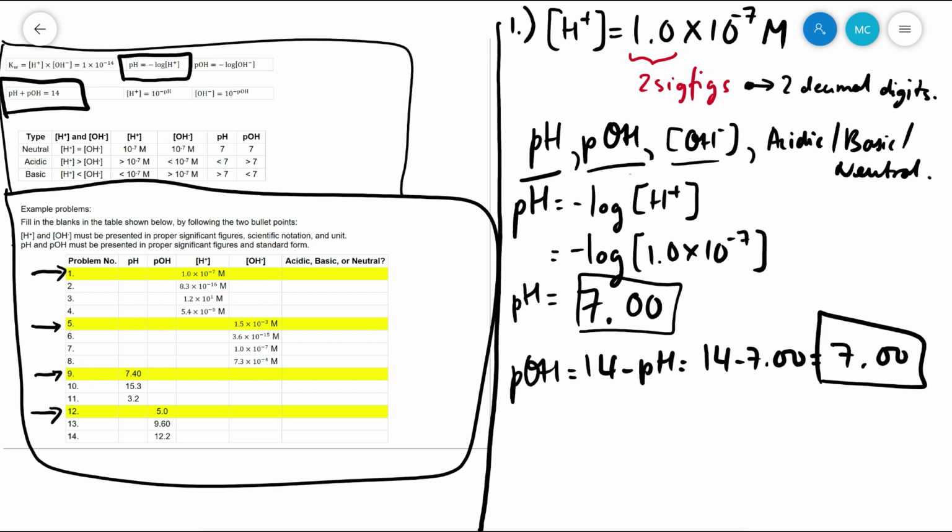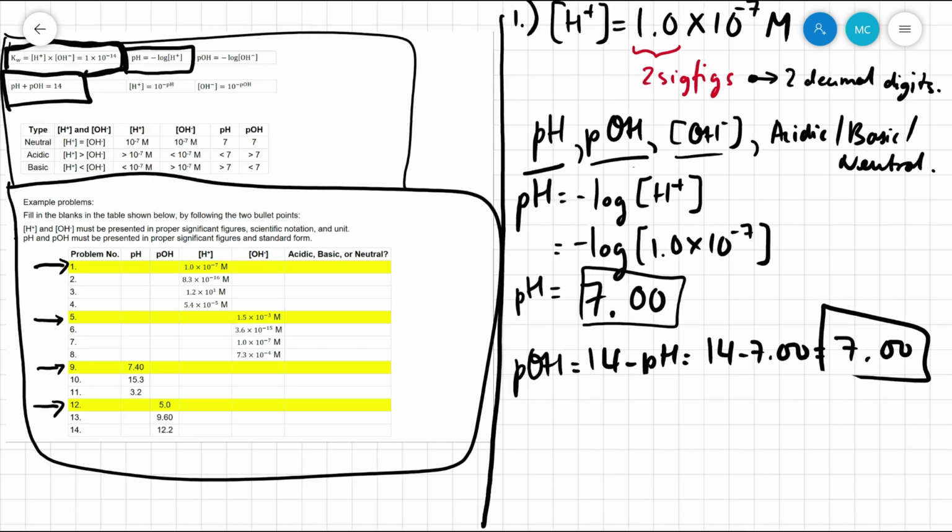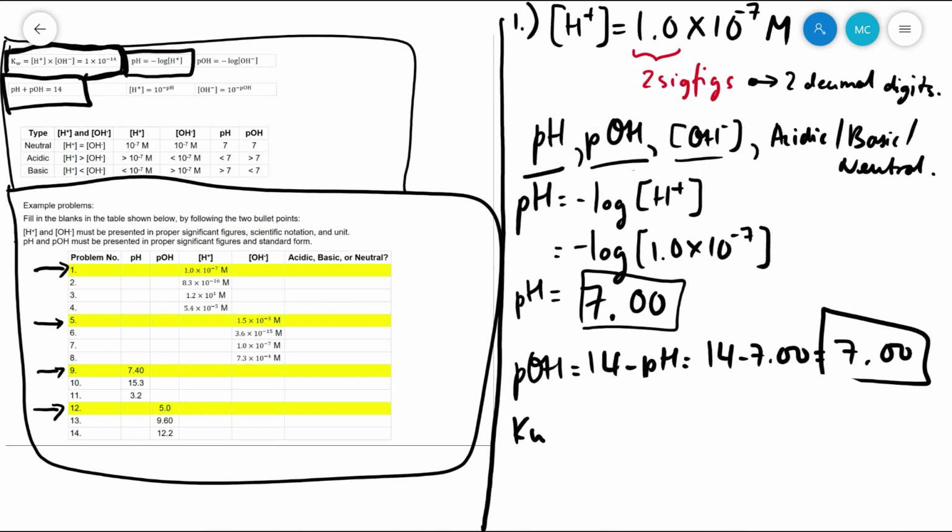For that, you will be using the ion product constant equation. So Kw equals H plus times OH negative equals 1 times 10 to the power of negative 14.